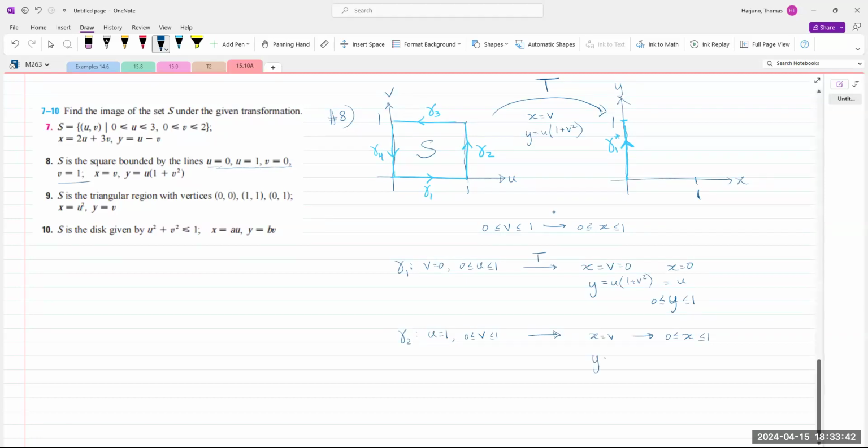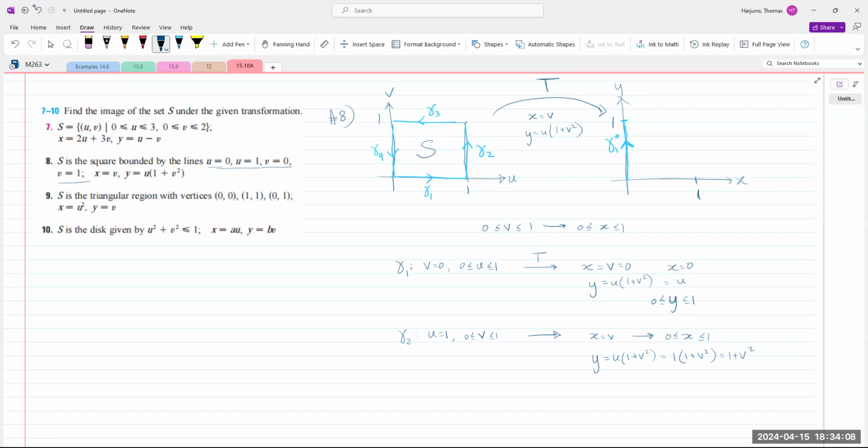When u equals 1, y will be 1 times 1 plus φ squared, which is 1 plus φ squared. But what is my φ again?